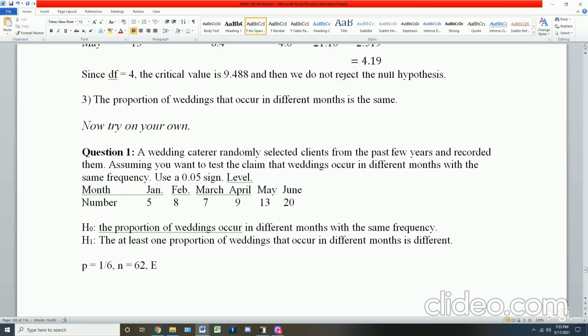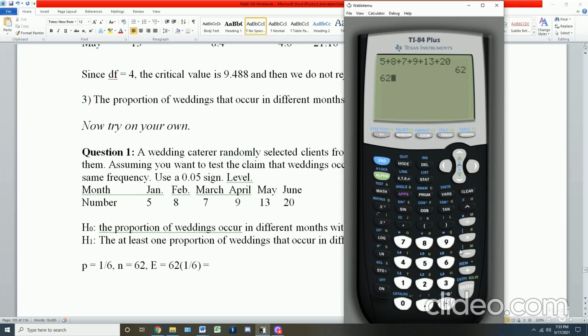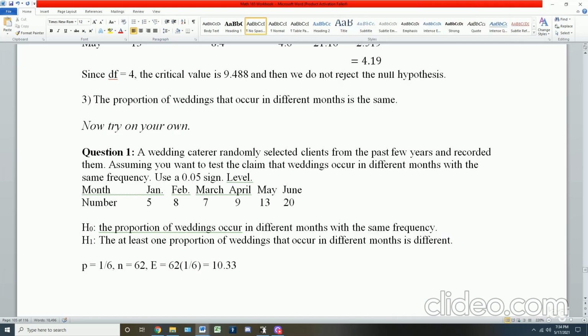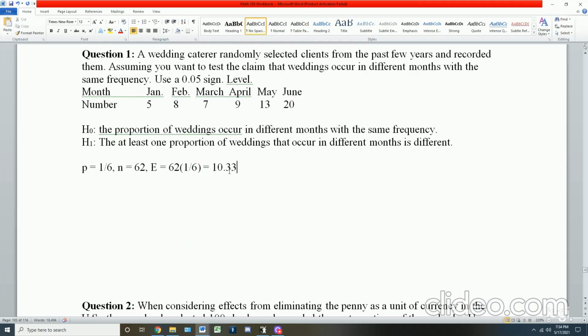So therefore, our expected value in this case is going to be 62 times 1 over 6, which, just plug in the calculator, gives us 10.33. Okay, and then at this point we're just going to plug it into our website.